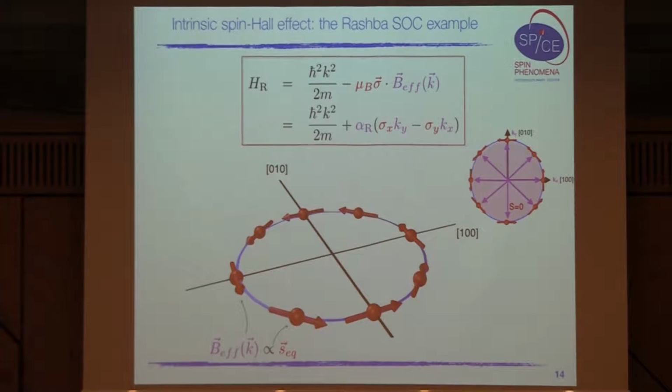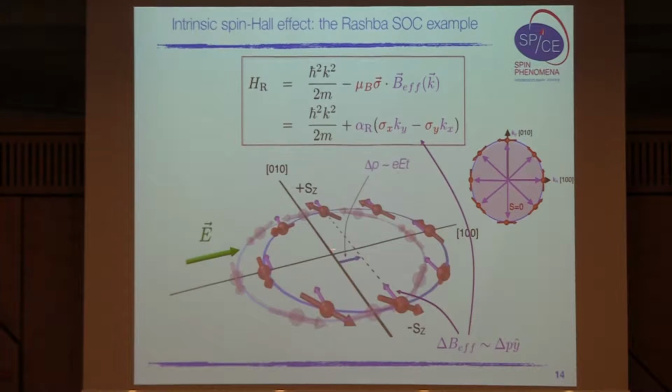And as you put on an electric field, this accelerates and changes the momentum of the electrons. As the momentum is changing, because the spin has an effective field proportional to its momentum, there is an extra effective field not lined up with the spin as it changes its momentum. This is going to create a precession, okay?